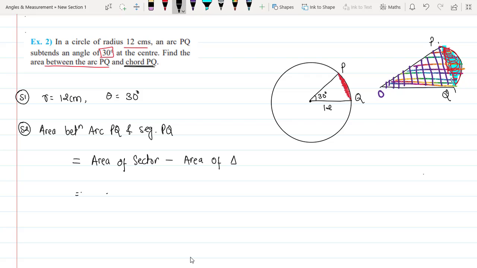Okay, I will write like this. Area of sector POQ minus area of triangle POQ. Is it okay?